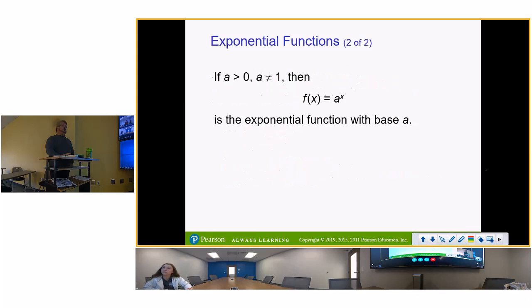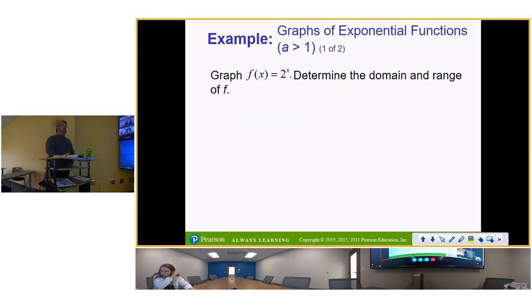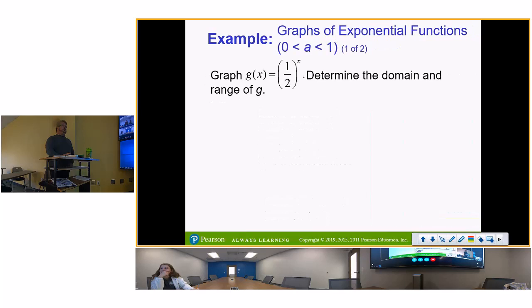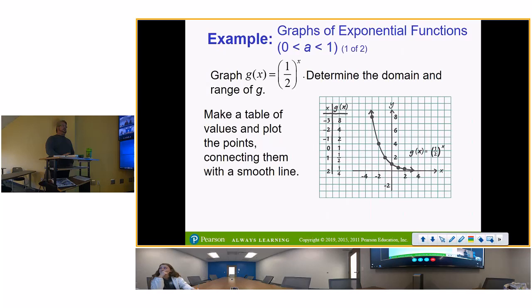Exponential functions. Okay. I told you to make sure you can graph with a calculator. Make sure you can graph y is equal to 2 to the x on your calculator. That's what it looks like. And make sure you can graph y is equal to 1/2 to the x power. It's going to look about like that.